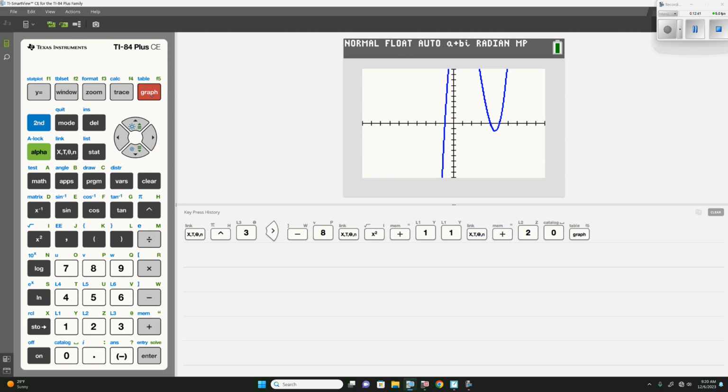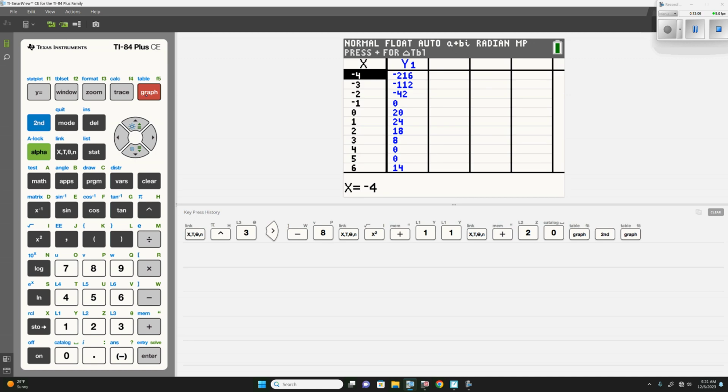So you might have to clear out the original one. Here there's 3 for this one here. Graph. So we have this here. Second graph will give us a table.